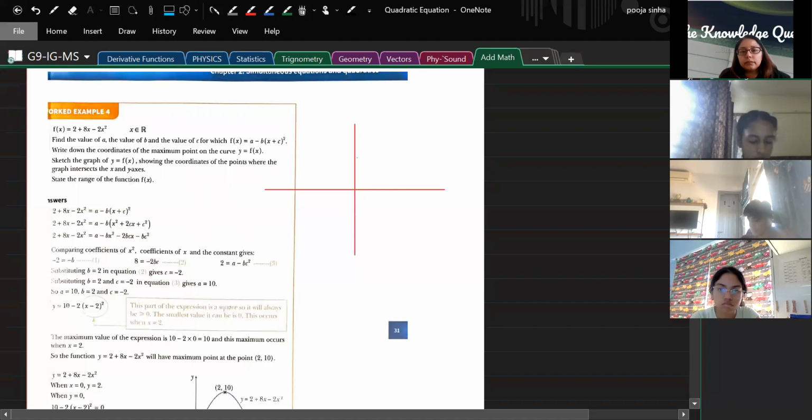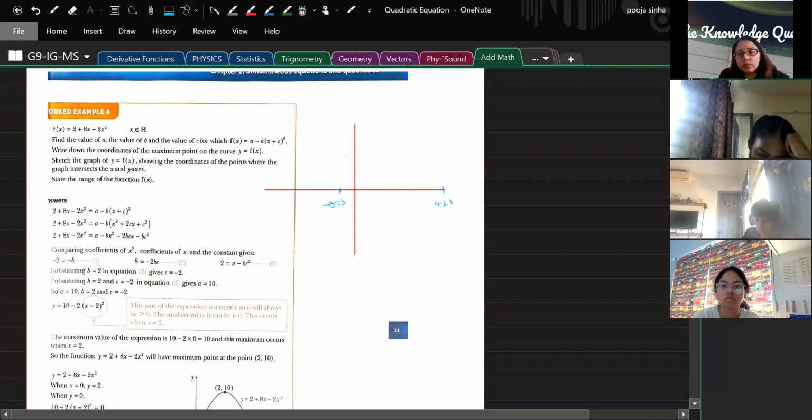Minus 0.23 and 4.23. Minus 0.23 will be somewhere here, and 4.23 will be somewhere quite far. Then what else? What is the y-intercept? Y-intercept is 2.